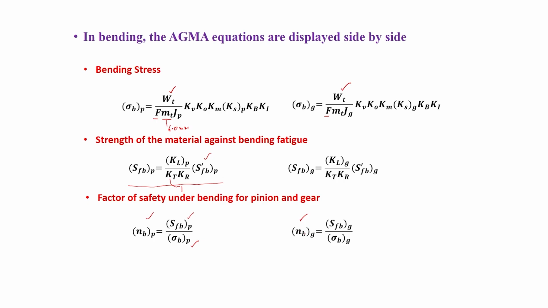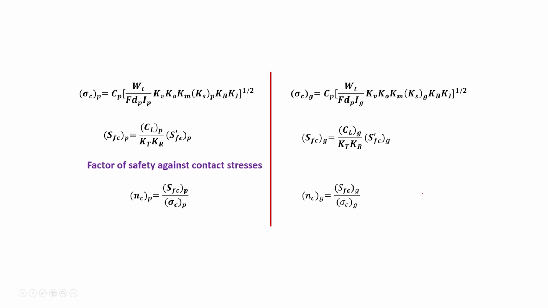For the gear, the factor of safety against bending fatigue will equal the bending fatigue strength of the material of the gear divided by the bending stress which acts on the gear here. For predicting surface fatigue failure, the equations for surface stress and surface fatigue strength are given below, and we have to determine the factors.